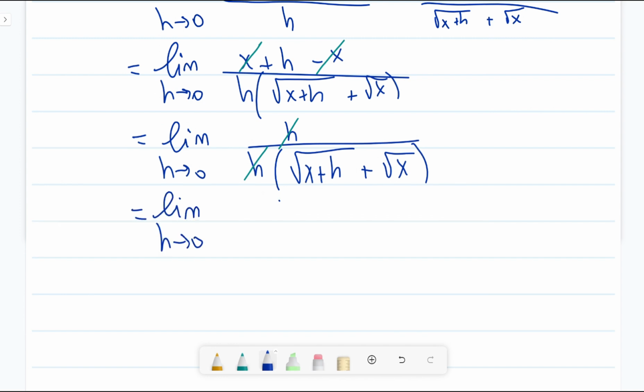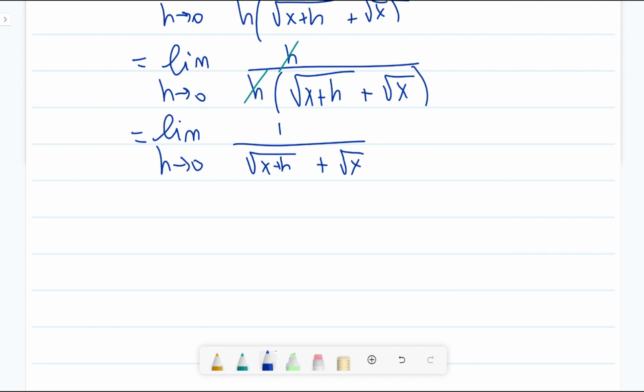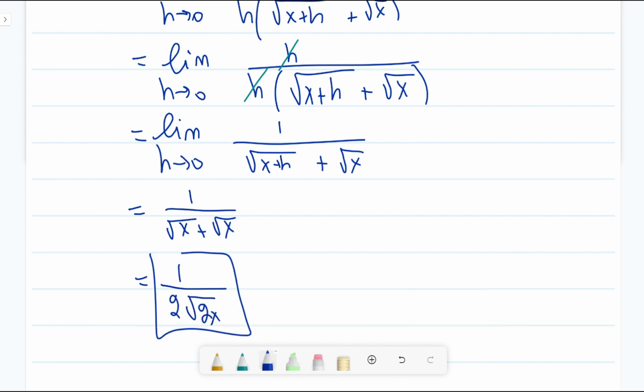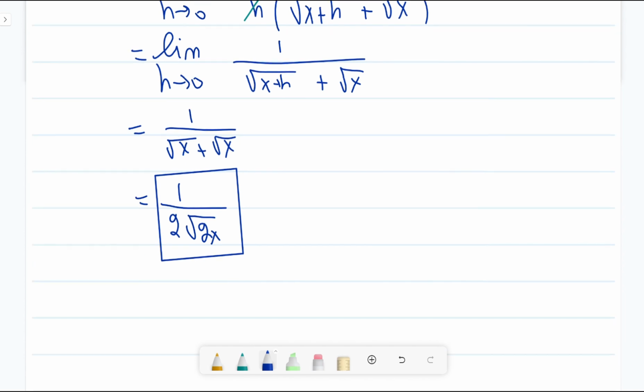This leaves us with the limit of 1 divided by square root of x plus h plus square root of x as h approaches 0. And now let us plug in h equals 0. What do we get? We get 1 divided by square root of x plus square root of x, which is 1 divided by 2 square root of x. This is f prime of x.